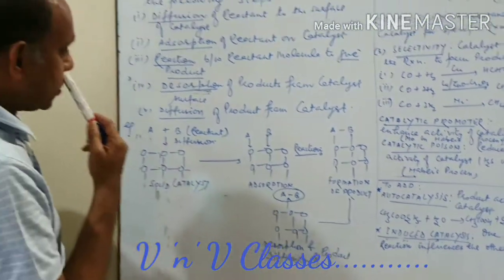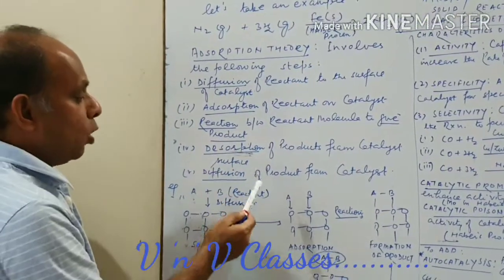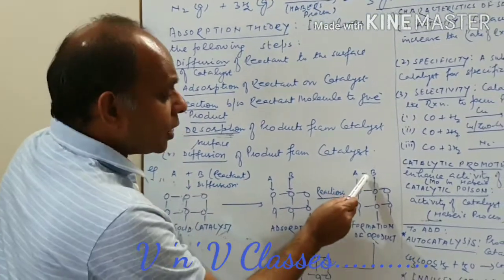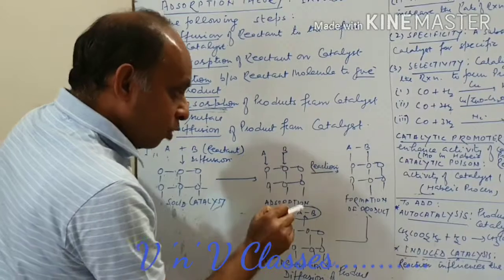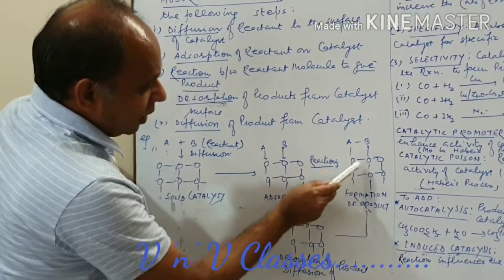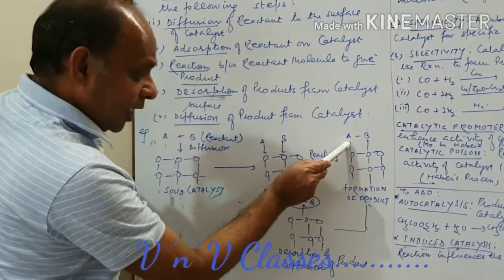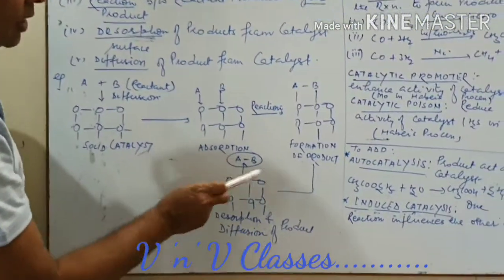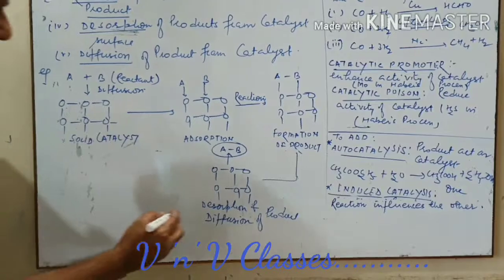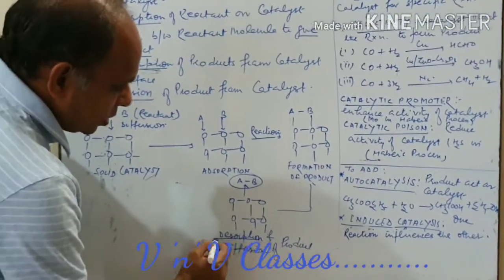When the product is formed, when the bond between A and B is formed, then their bond with the catalyst weakens and breaks, and as a result, the product undergoes the process of desorption. This is the last step I am telling you, desorption.